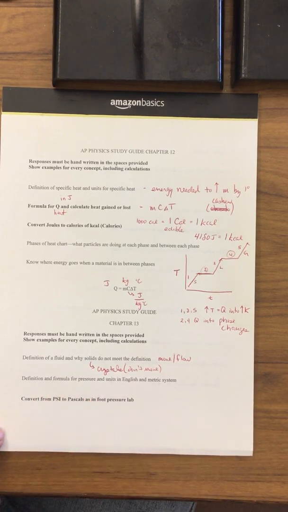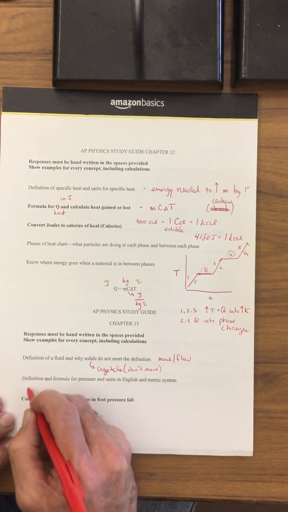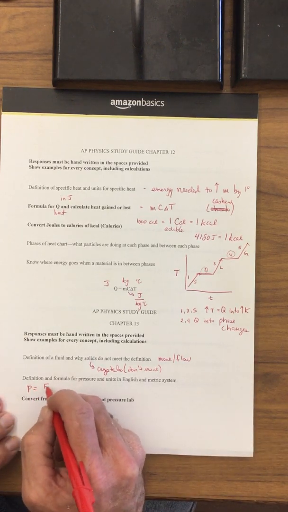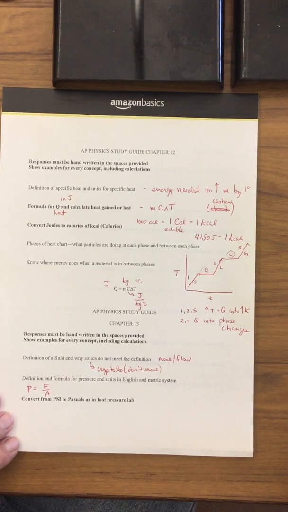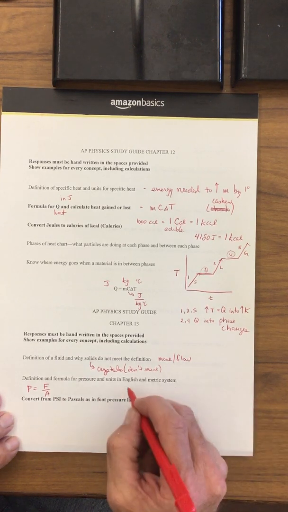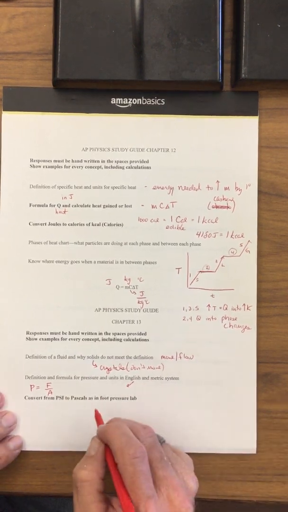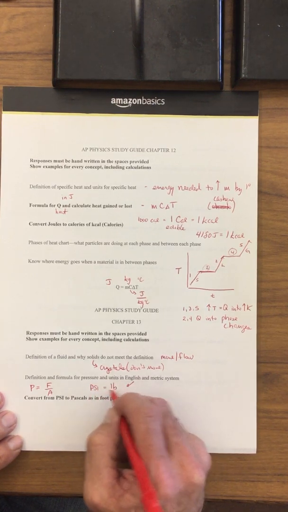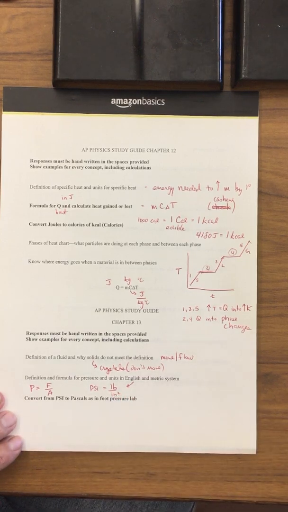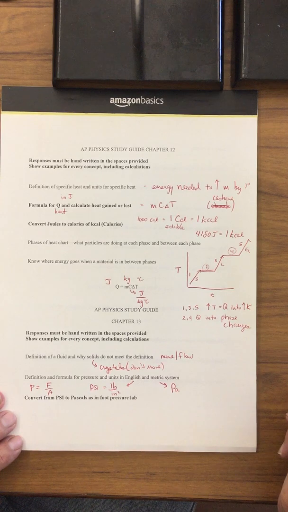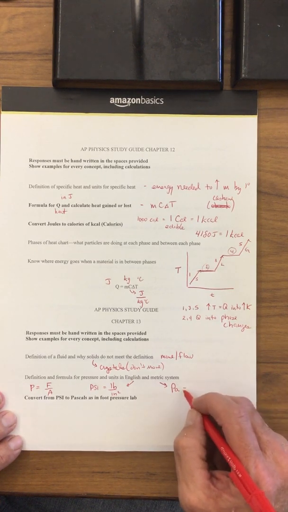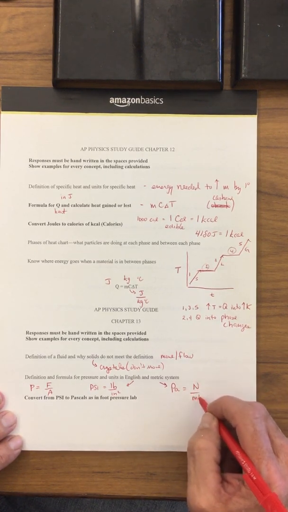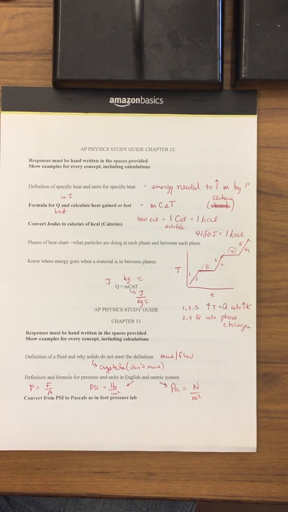Definition and formula for pressure and units in English and metric system. So pressure, here's the definition, is equal to force over area. And in the English system, we have the PSI, which is pounds per square inch. In the metric system, you have pascals, which is a newton over a meter squared.